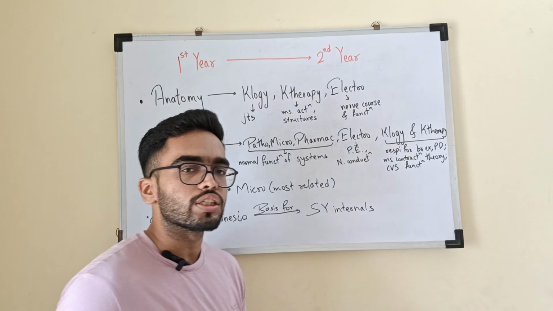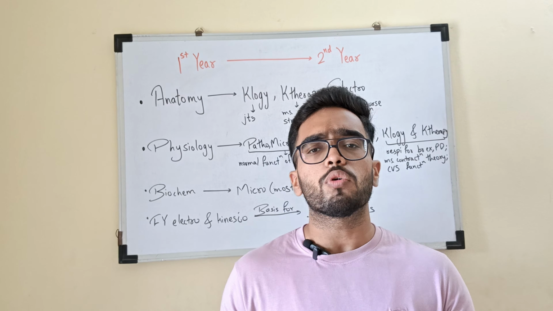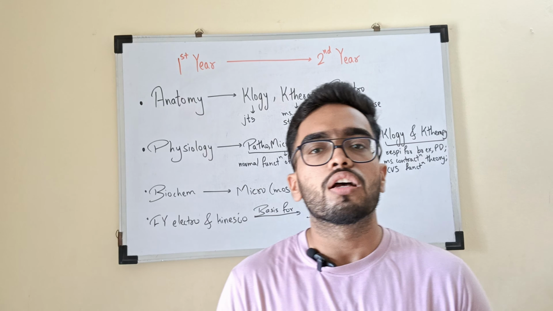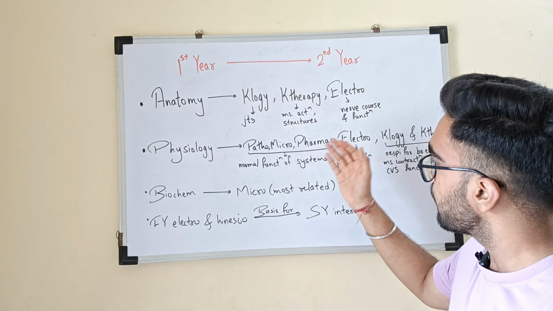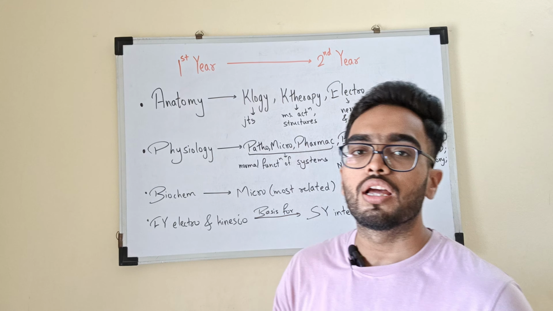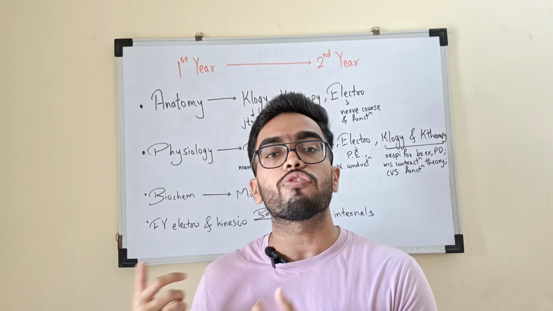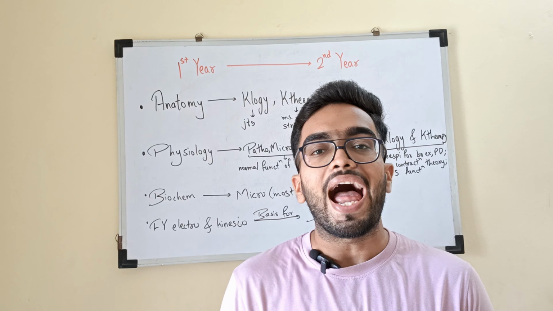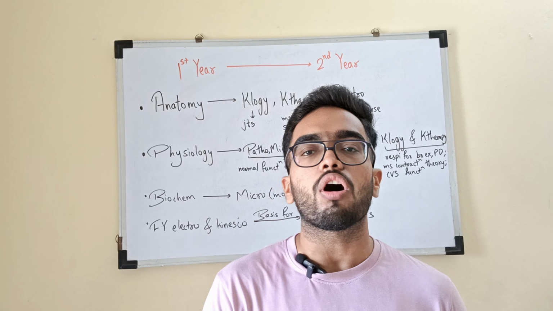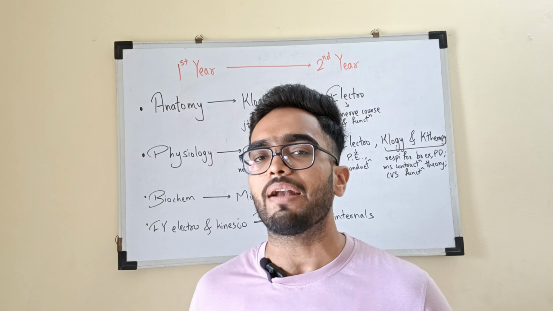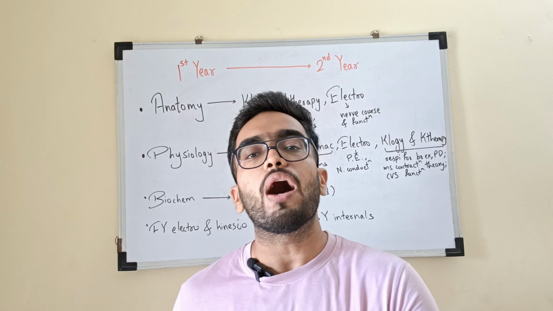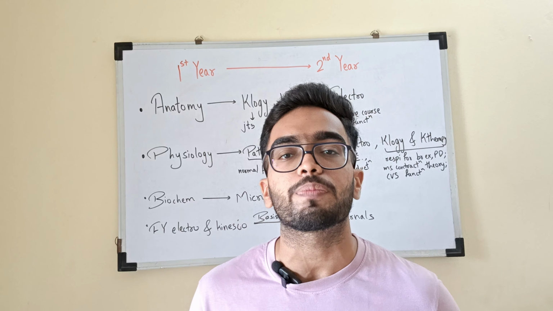Next, coming on to physiology. Physiology is important for almost all the subjects in second year. First, coming on to pathology, microbiology and pharmacology. One thing we have learned in physiology is the normal functioning of various systems in our body, and to know the abnormality caused by various microorganisms and pathogens, we need to learn how it is functioning normally in the first place.